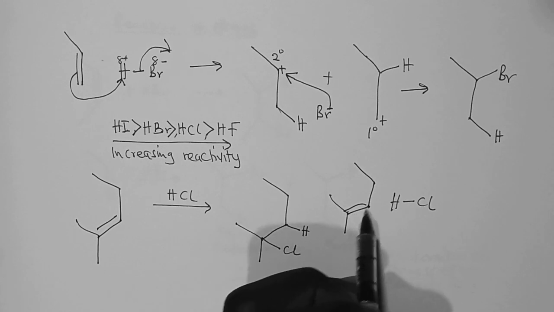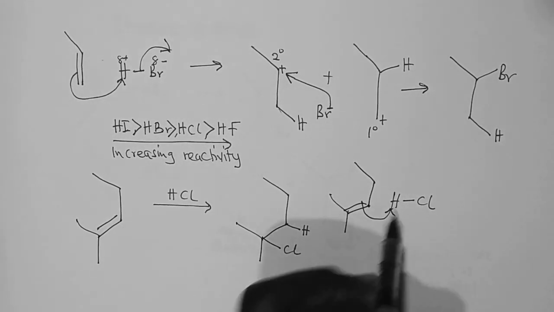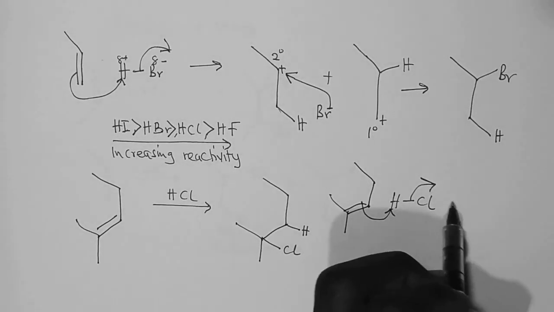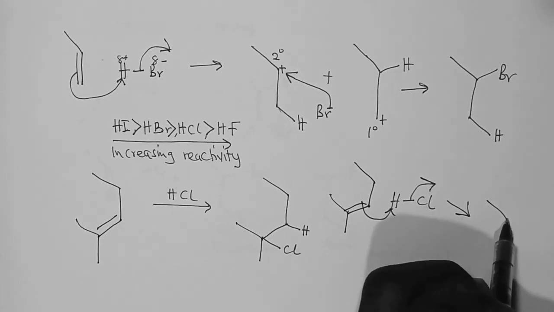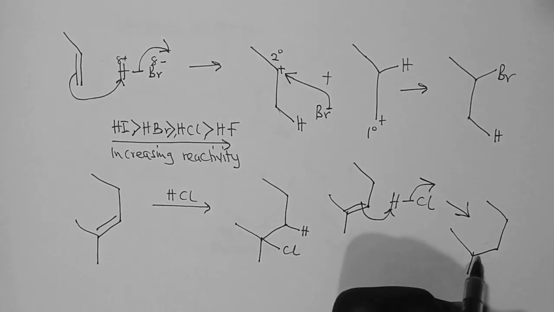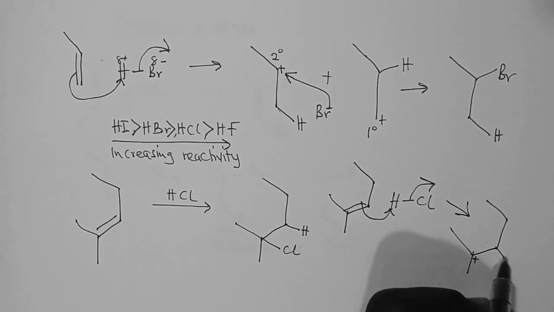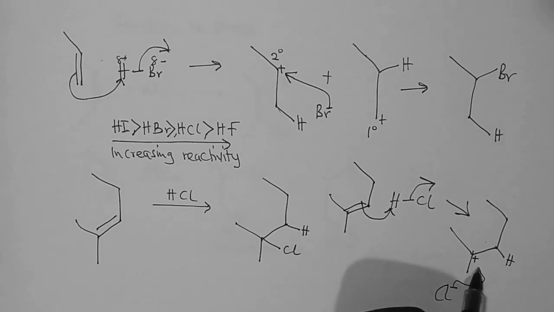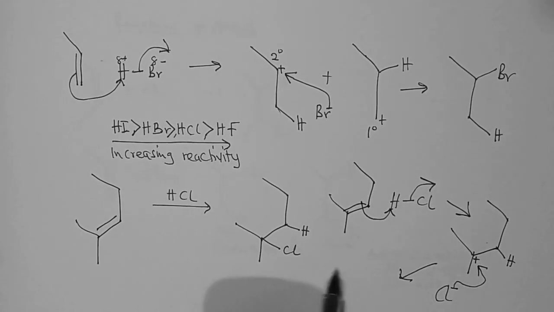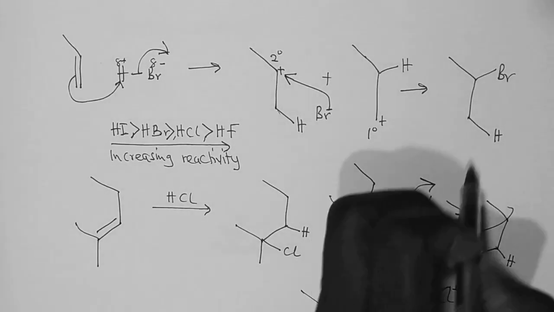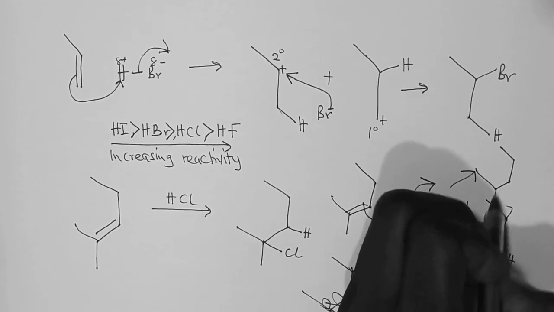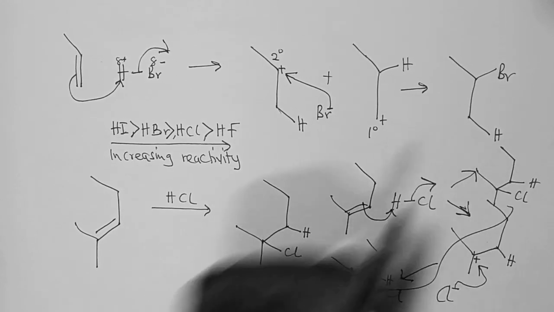This one uses its pi electrons to pick up this proton, whilst the chlorine cleaves off. And when it cleaves off, we come to this intermediate with a plus here and then the proton here. So the chloride ion that was cleaved off will come and donate its lone pairs to this center to give us the final product. Sorry, so let me draw the final product here. The final product will look like this: Cl and then the proton.